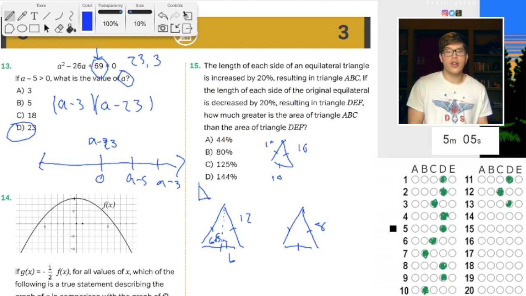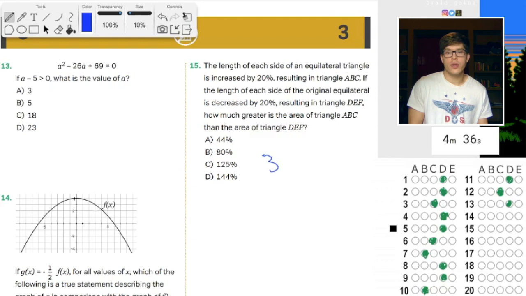Our height for our 8 triangle must be 4 root 3. So we have our base, 12, times our height, divided by 2. So 6 times 6 is 36. For our larger triangle, we have 36 root 3, and for our smaller triangle, we have 16 root 3.